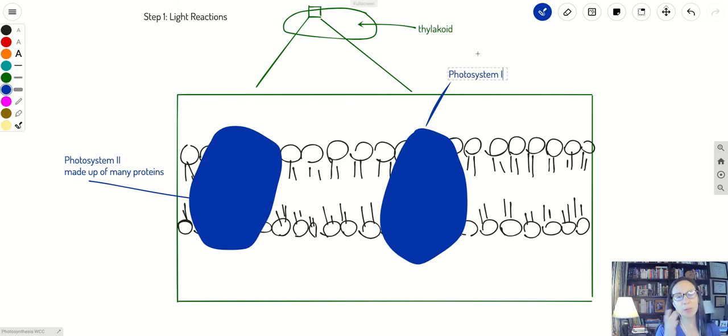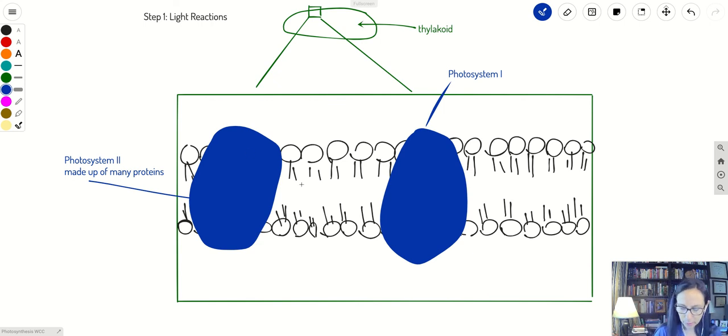And I want to point out that these light reactions are going from left to right. And so they're going to go through photosystem 2 first and then photosystem 1 second. And the reason they're numbered backwards is because photosystem 1 was discovered first. And so they called it photosystem 1. And then later they found out photosystem 2 was in front of it and came before it, but it was too late. They already named it photosystem 1. So then they had to name the second one photosystem 2, but actually photosystem 2 goes first.